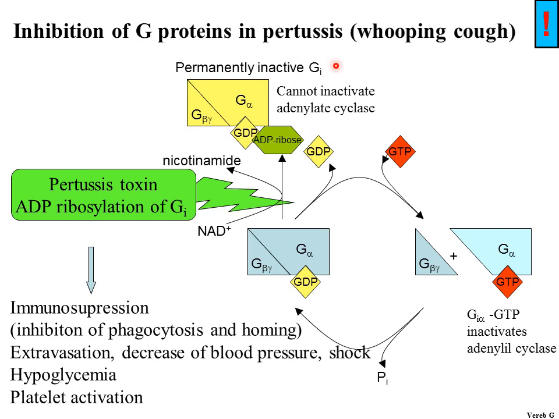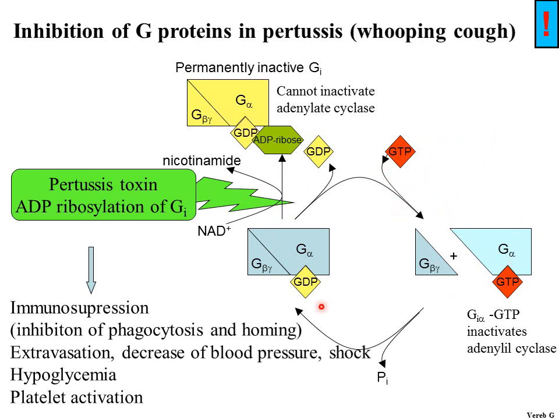However, the ADP ribosylation also happens in the inactive GDP-bound state, so there's no way to progress to the active inhibitory form, exchanging the GDP to GTP.